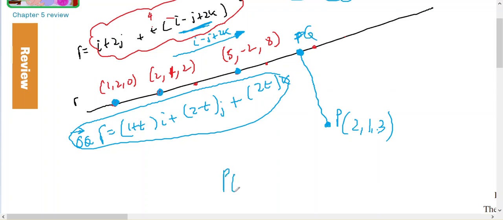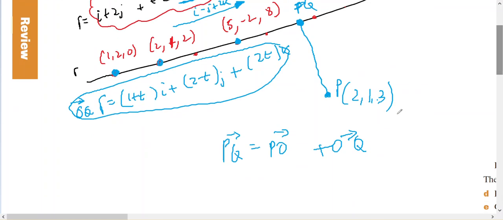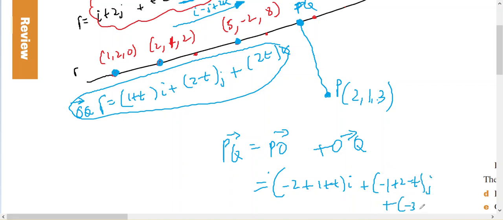If I want P to Q, then I want P to O plus O to Q. P to O will be minus 2 plus 1 plus t in the i, plus minus 1 plus 2 minus t in the j, plus minus 3 plus 2t in the k.